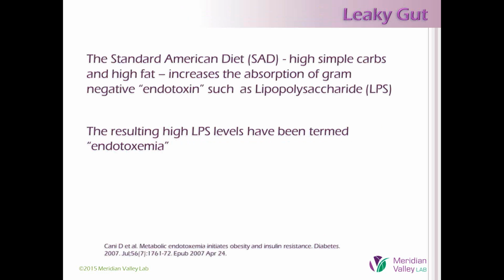The quote-unquote SAD diet, the standard American diet, which is a diet high in simple carbs and high fat, increases the absorption of gram-negative endotoxins, such as lipopolysaccharides. And when people have high LPS exposure, that's termed endotoxemia.